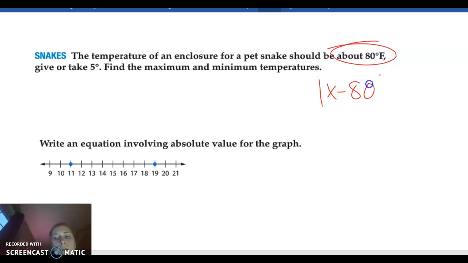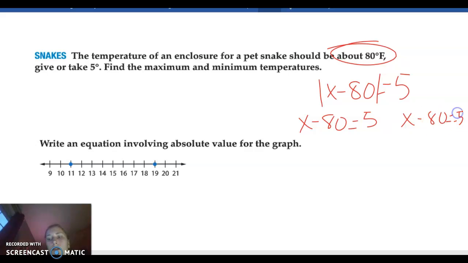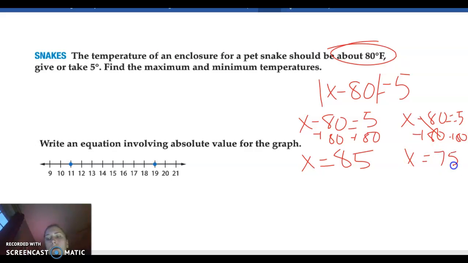X minus 80 is equal to 5. Okay, so from there, we can say x minus 80 is equal to 5, x minus 80 is equal to -5, add 80, add 80, x is equal to 85, add 80, add 80, x is equal to 75.